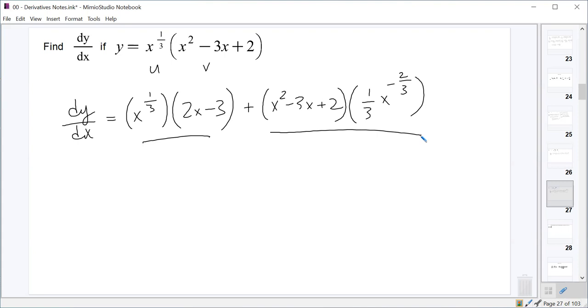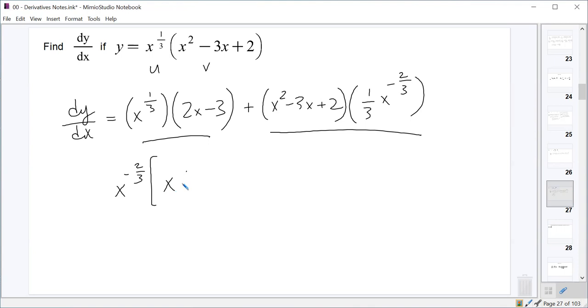If I take an x to the negative 2/3 out of this first piece, the x to the 1/3 should actually just become x, right? Because x to the first times x to the negative 2/3 should be x to the 1/3.